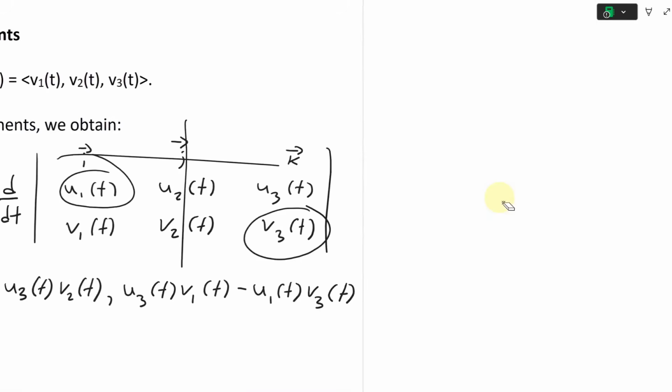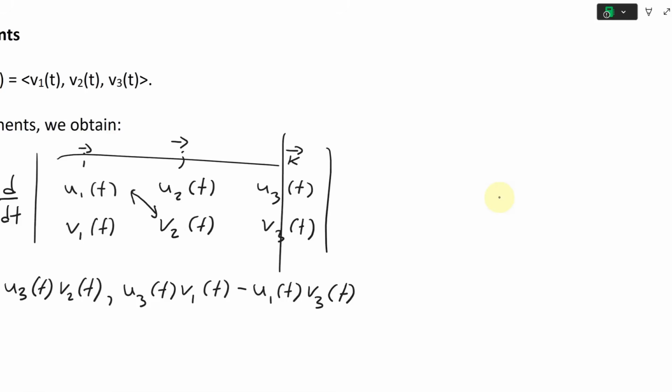The next one, we cross these out, multiply by this, subtracted by this. So we get u1 of t, v2 of t, minus u2 of t, v1 of t. And this is going to be a vector like that.